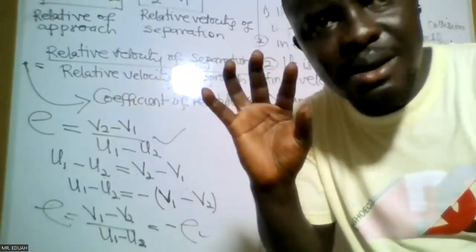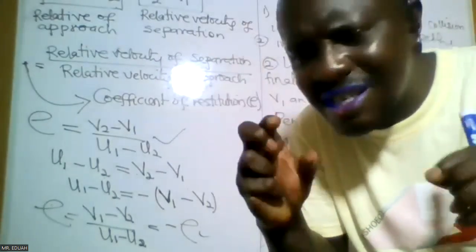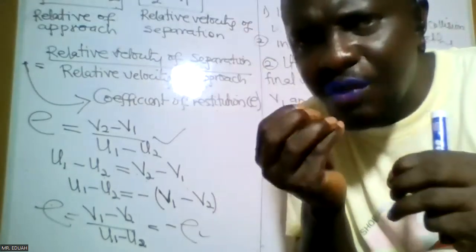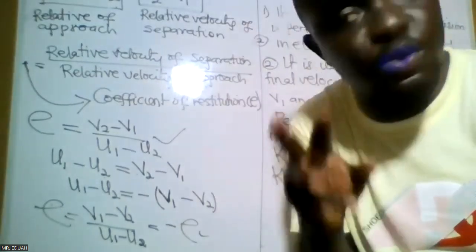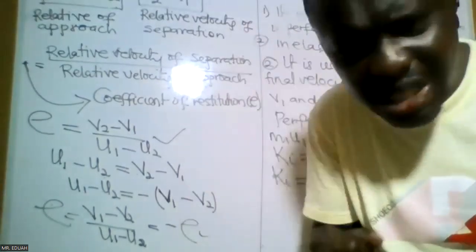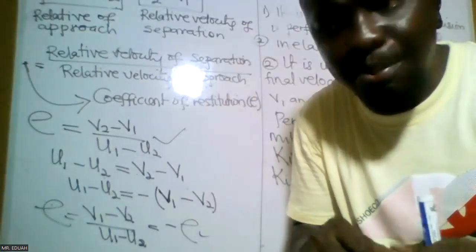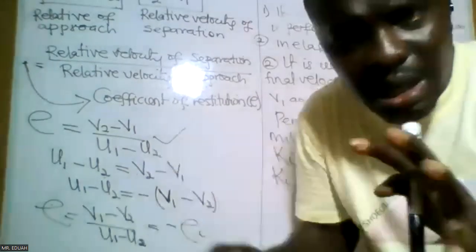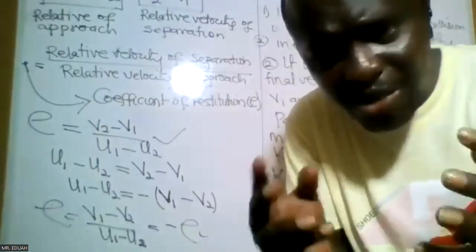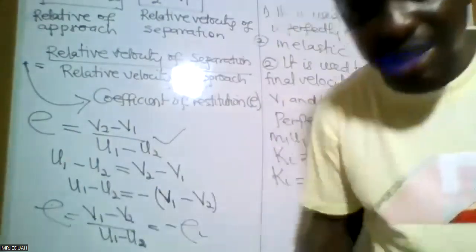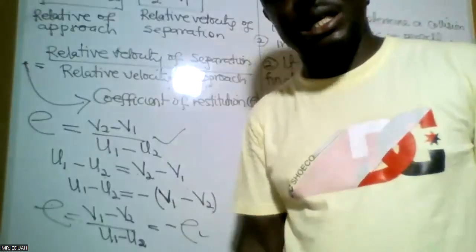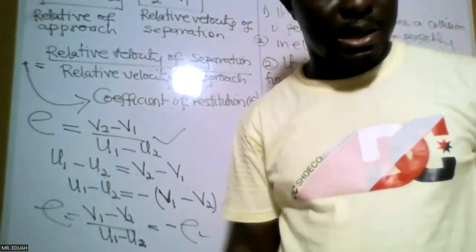But we assume that the loss is very, very small. That is why I said we cannot have a perfectly elastic and then perfectly inelastic. But in these examples, as I've said, we almost round it that kinetic energy is conserved, right?